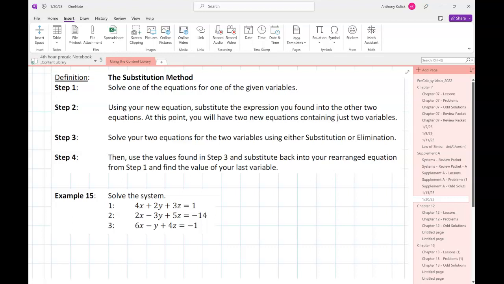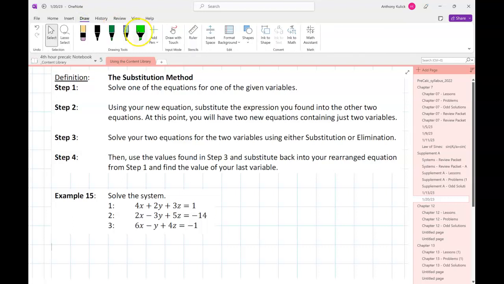All right, so we're doing substitution here. First thing I want to do is pick an equation and pick a variable from that equation to isolate. Now, it doesn't matter in general, but it matters to me which one I'm picking because I don't want fractions. So which equation and which variable from that equation should I pick so that when I isolate it, I get no fractions?